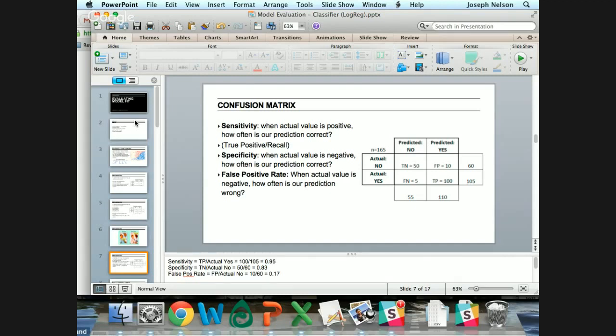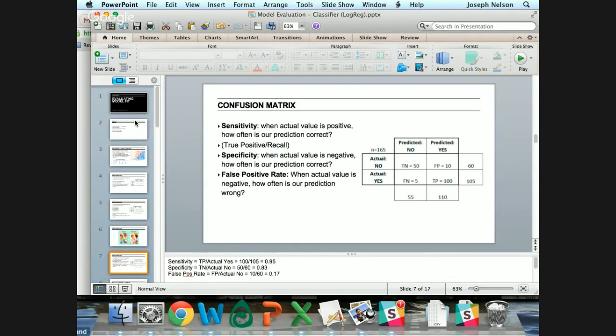Okay. Specificity is when the actual value is negative, how often is our prediction correct? So how would we calculate that one? Negative over negative. Yeah, so we're only dealing with actual no's, and we want to know the rate at which our model correctly found those actual no's.